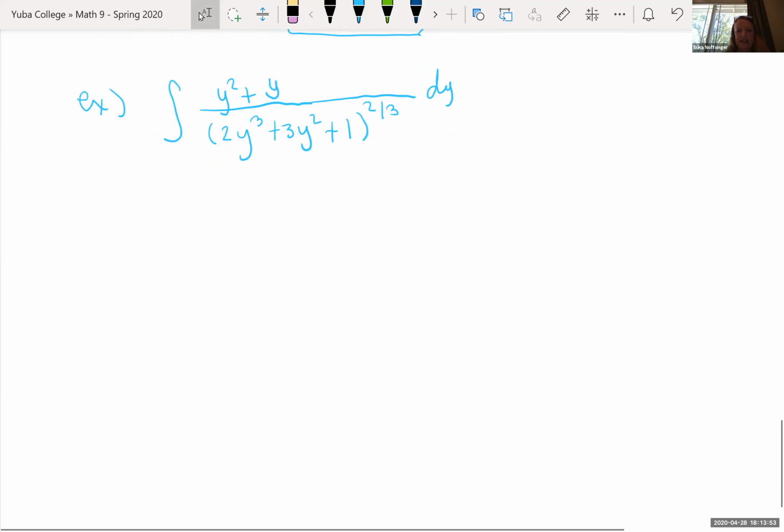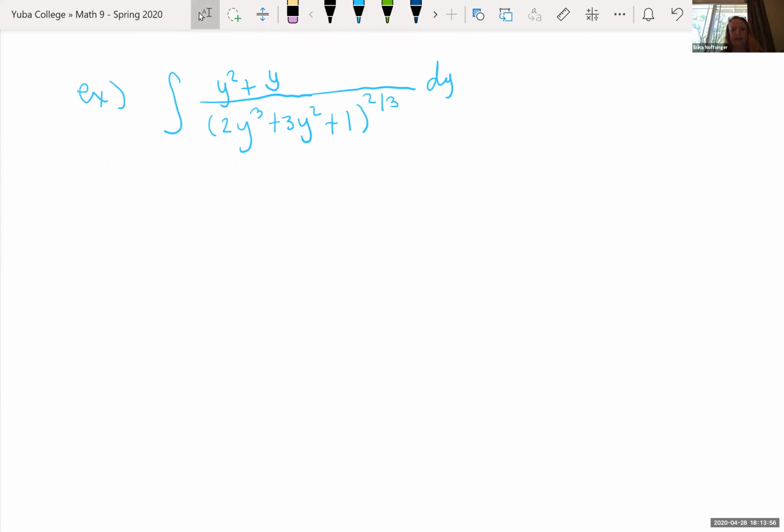Okay, so right now we can't integrate that, so we need to manipulate it so we can.